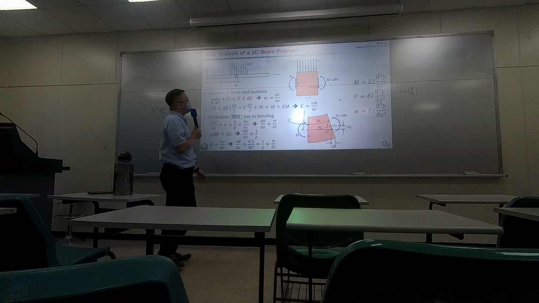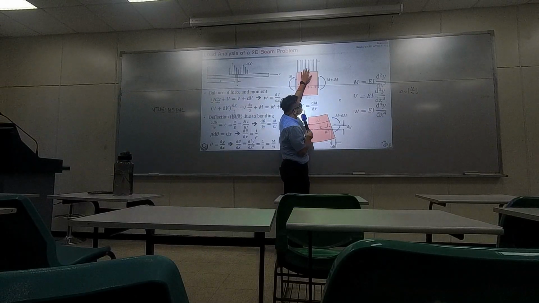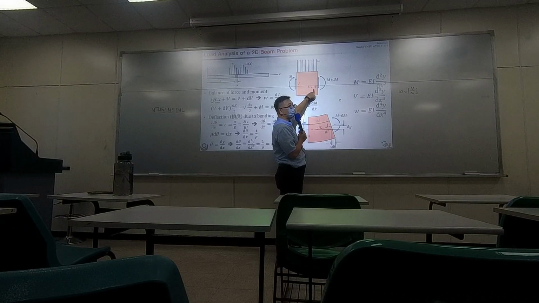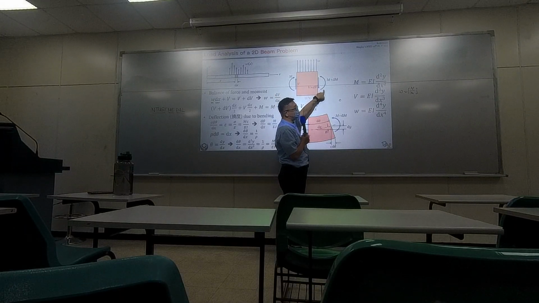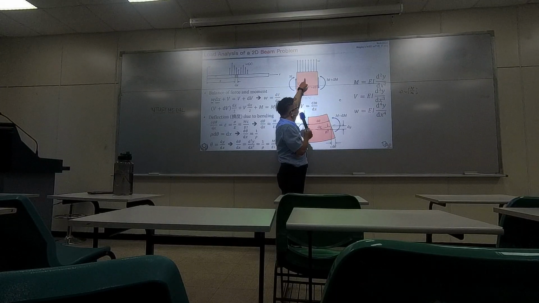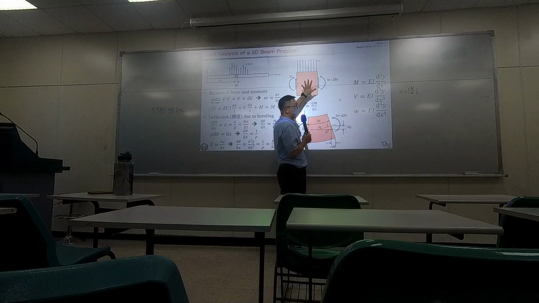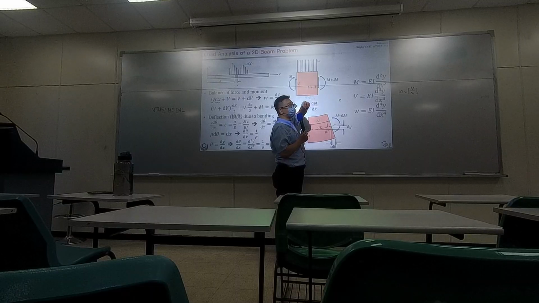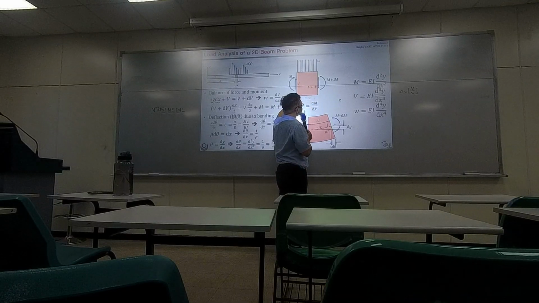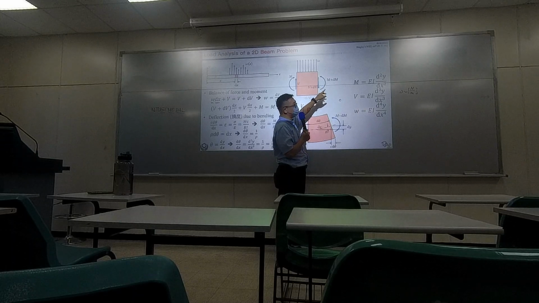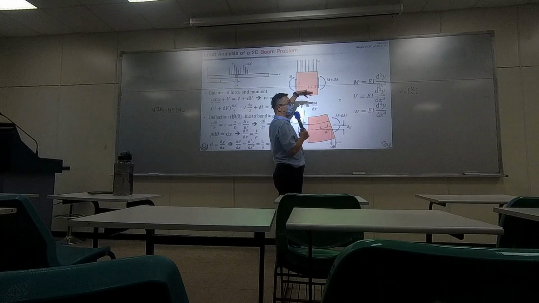However, if there's no external force, then there will be no change of shear and no change of moment. Since we have the external force, the force inside the material needs to balance out. So there could be a change of the shear and a change of the moment on either edge.